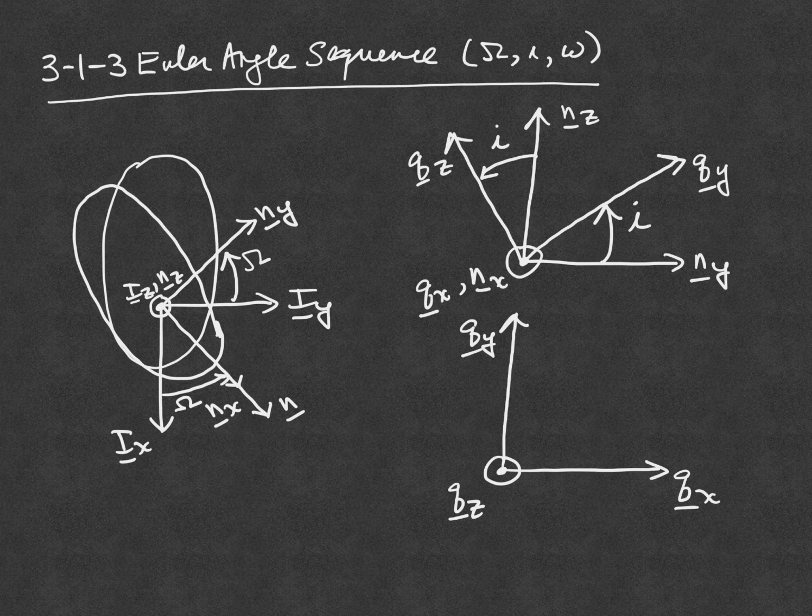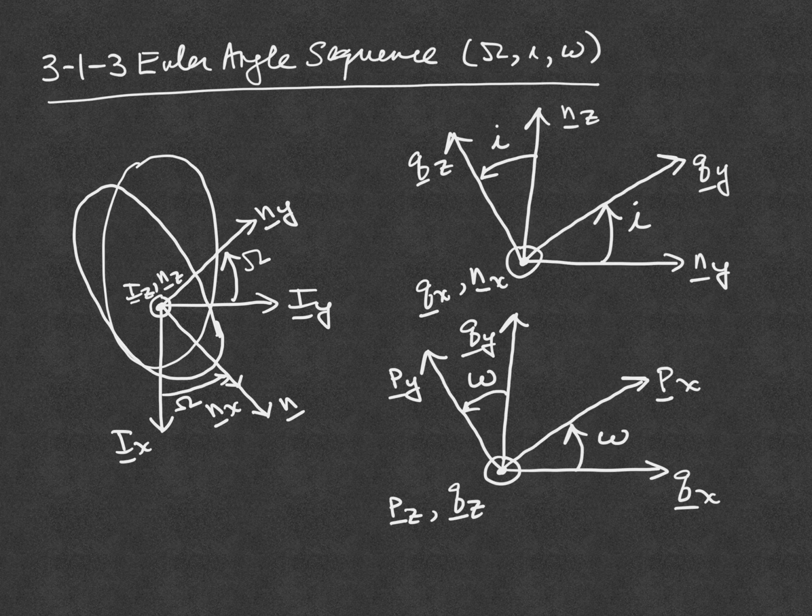And the third rotation is by this angle omega, which puts me into this final orientation, which is px, py, and then this direction is pz, and this angle is little omega. Now, in going through all this, px, py, pz, these vectors form what I had defined earlier as the perifocal basis.